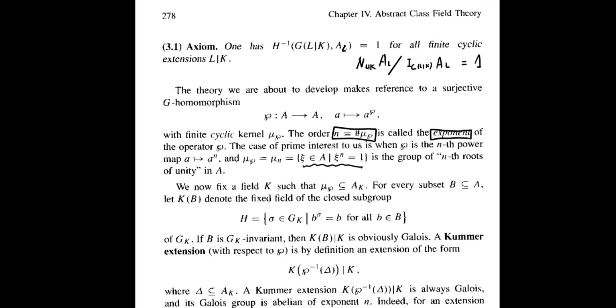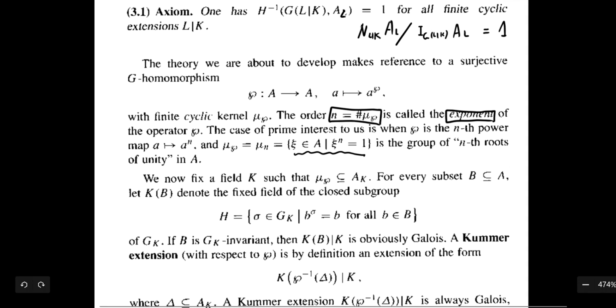We now fix the field K such that mu p is contained in AK, the fixed points of G. We choose a K such that the fixed points of AK contain all the roots of unity.